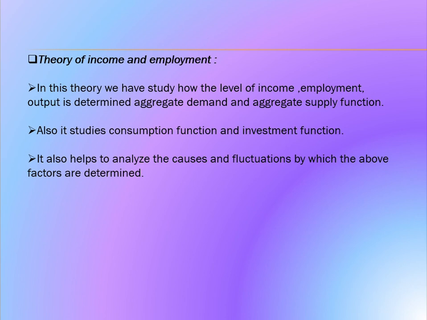As well, it includes the import and export in the economy. While the aggregate supply side is nothing but the producers' expenditures in order to produce the goods and services in the economy. So both these factors will determine the level of income, employment and output in the economy.